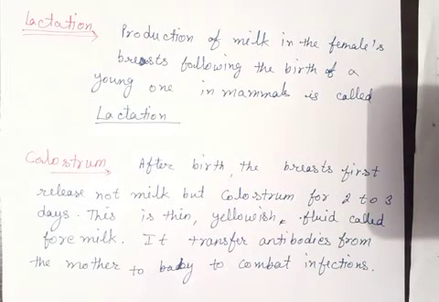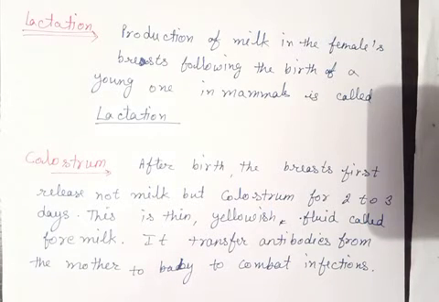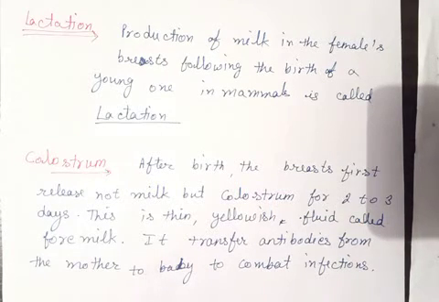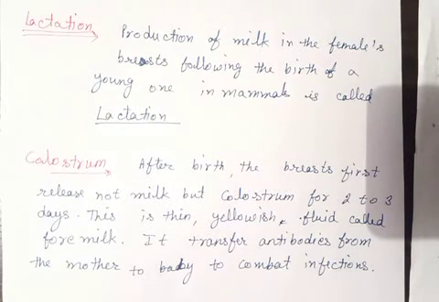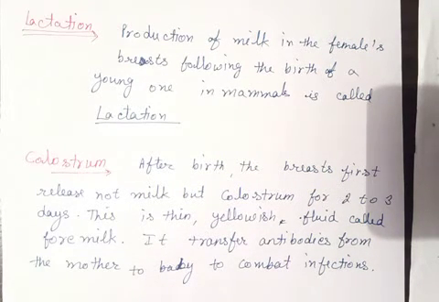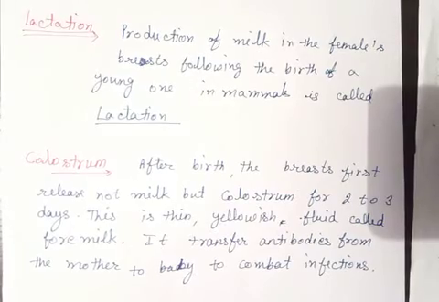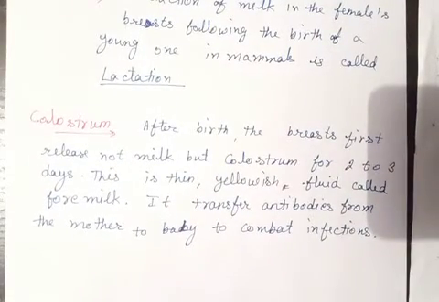So when a young one is born, the lactogen hormones released during pregnancy prepare the mammary glands to release milk. In the immediately following 2 or 3 days after the birth, they release a yellowish fluid that is not milk.